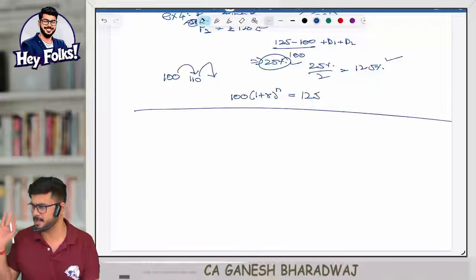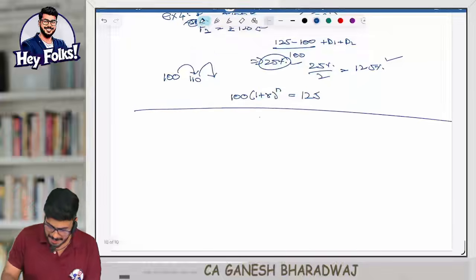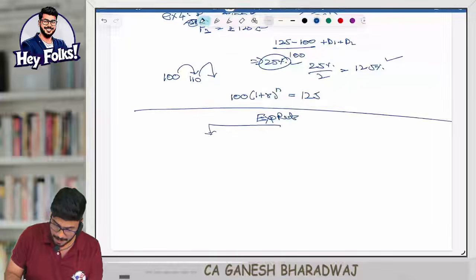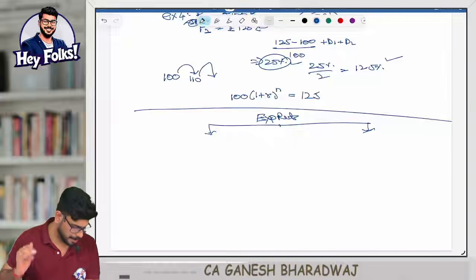What do you mean by expected return? If you invest in a particular instrument, what to expect from it is called expected return. Is that clear, guys? Now, this expected return can be calculated from two different perspectives.